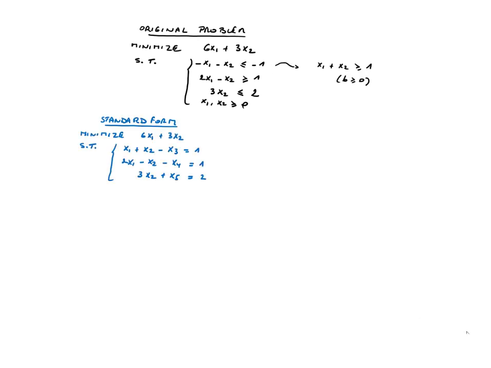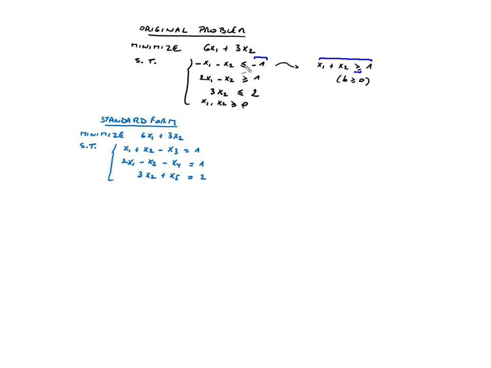Well, the first thing that you have to do is to bring this original problem in the standard form, and the problem that we have here is that we have a -1 over here, and remember that in the standard form the coefficients in the b vector have to be positive. So what we'll do is multiply this constraint by -1 and replace it by this constraint that is now a constraint larger or equal than.